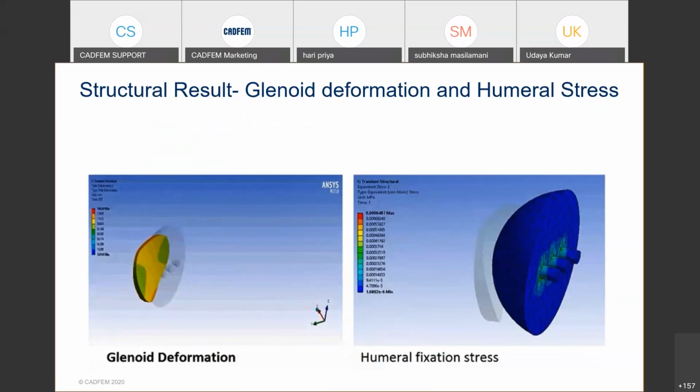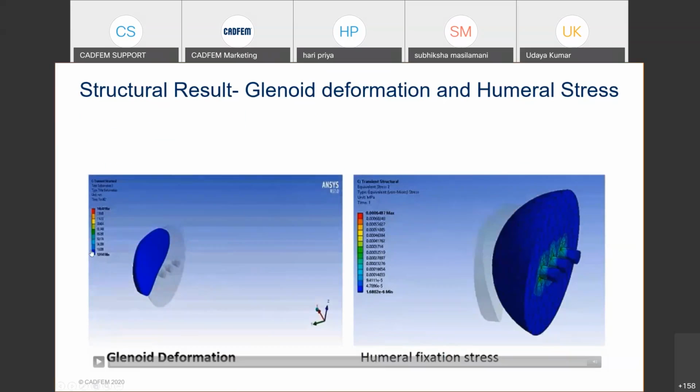Here you can also see the deformation and the stresses created by this motion in the implants. On the left, you can see how the glenoid deforms with a motion of 5 to 20 degree rotation. At the same time, in the humeral part, where you attach it to the bone, these are the stress peaking parts, which should be within the limit.